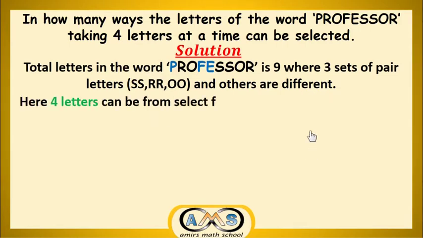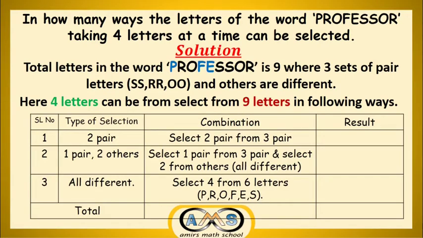Here 4 letters can be selected from the 9 letters in the following ways. In this case, we can choose the pair letter or we can choose the individual different letter. The first way is that we can select 2 pairs, and these 2 pairs will fill up the 4 positions.